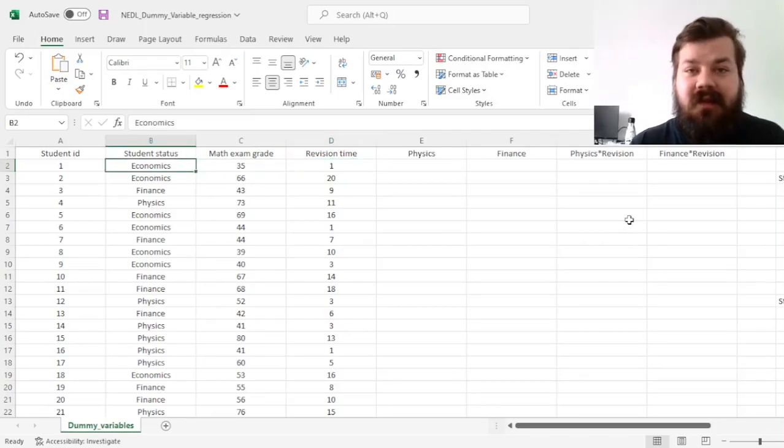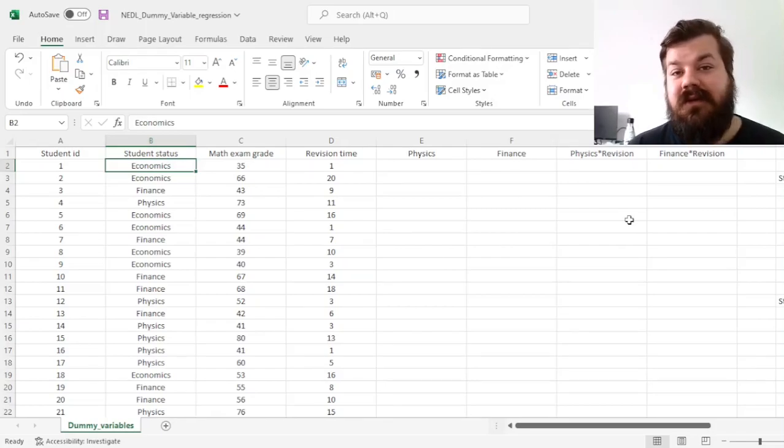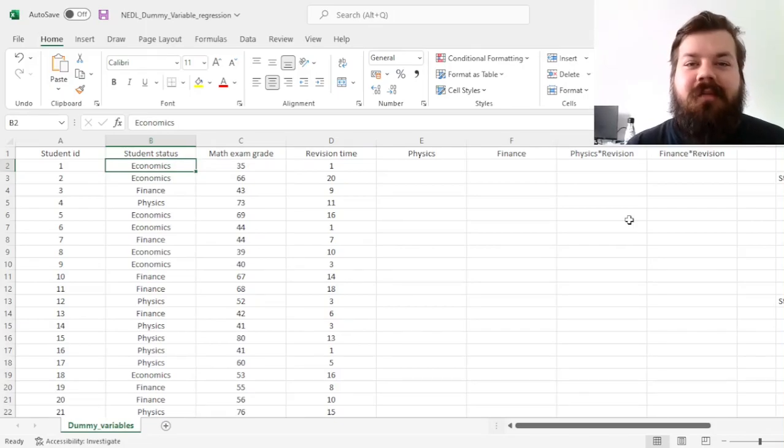And obviously this is a very broad topic, and various categorical variables or qualitative data in general can be brought down to dummy variable analysis. For example, the location of companies, the status of countries. Is it an island country? Is it an ex-colony? Is it a country that belongs to the European Union?